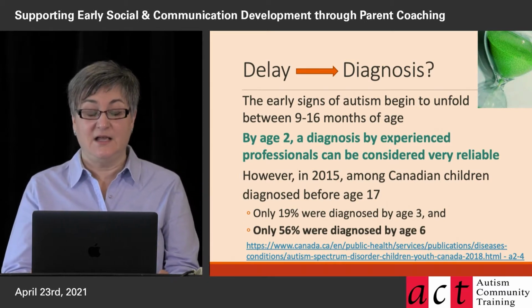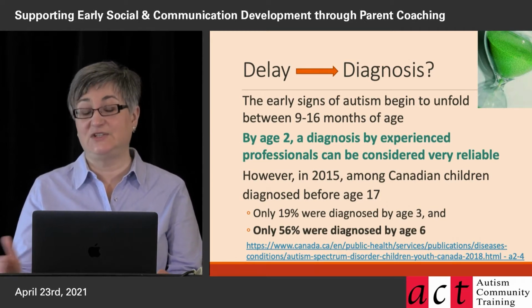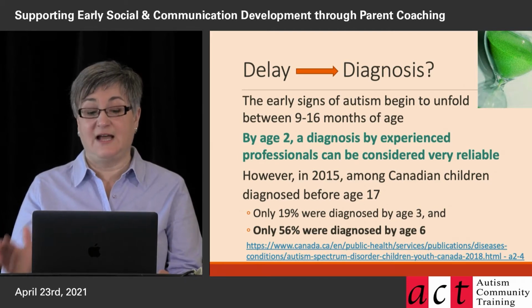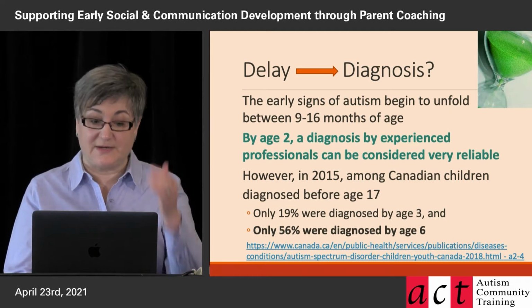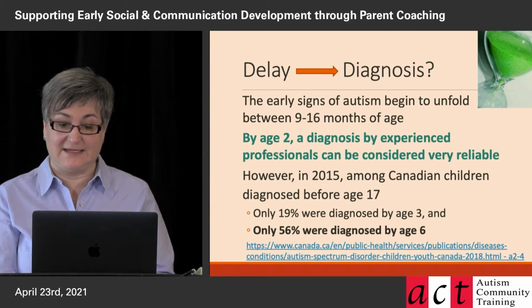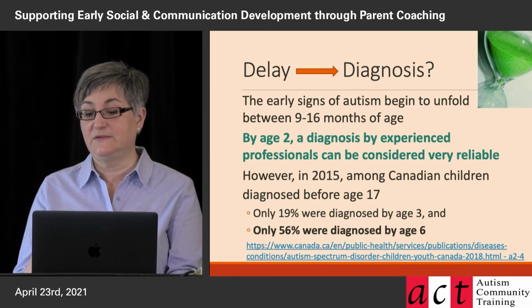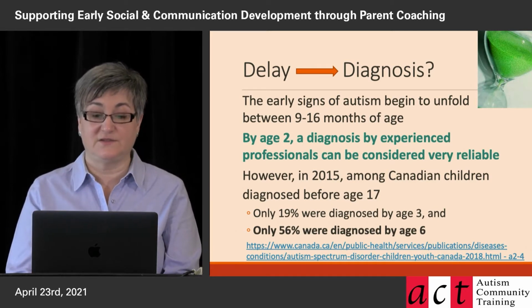So you see that among Canadian children that were diagnosed with autism before age 17, in 2015, only 19%, so that's about 1 in 5, were diagnosed by age 3, and only a bit more than half were diagnosed by age 6. That means that many children are going undiagnosed until later preschool years or even by school entry.